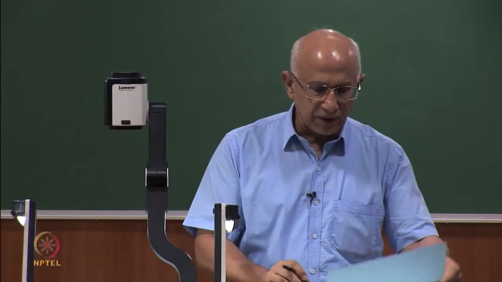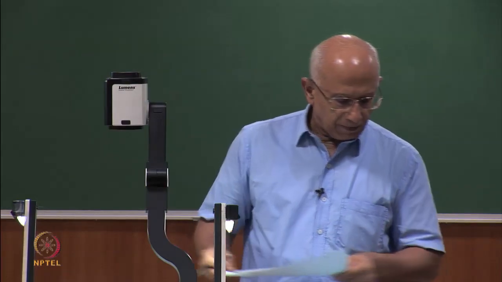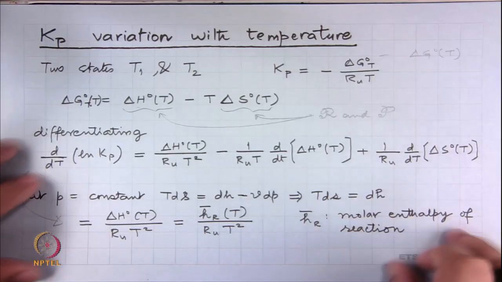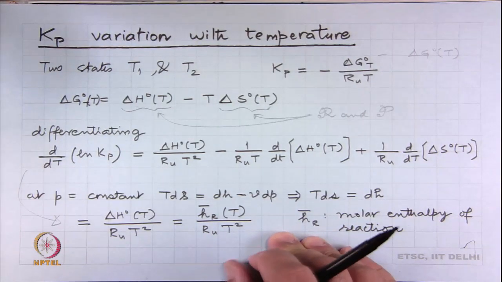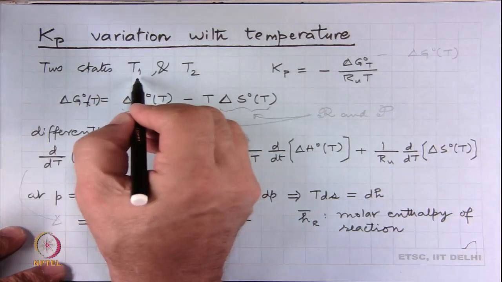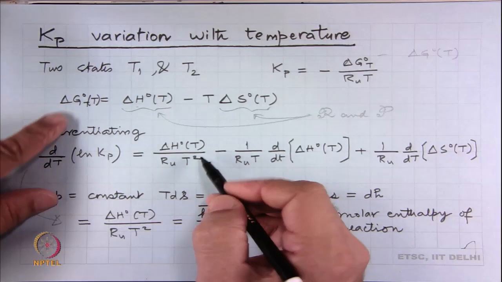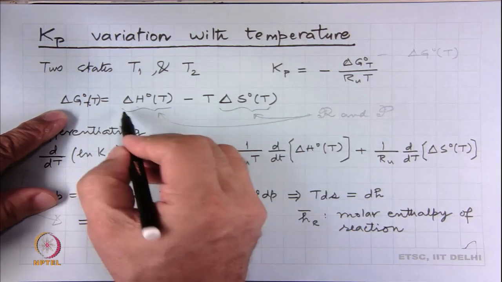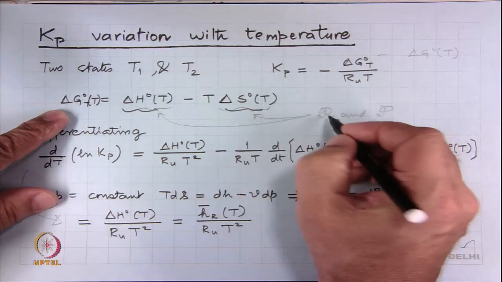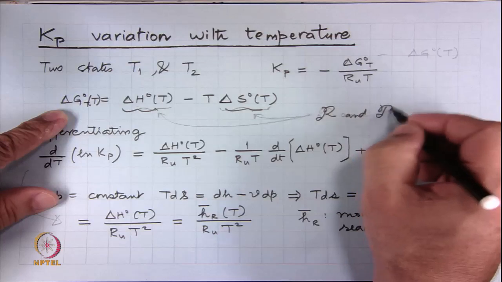Then there are effects of catalysts that we can factor in, and finally, the fact that Kp depends only on temperature. So, the question is how does it vary with temperature. If you have two states at T1 and T2 and Kp defined in the same way, then we can rewrite this in terms of G, H and Ts, where this and this are for reactants and the products.